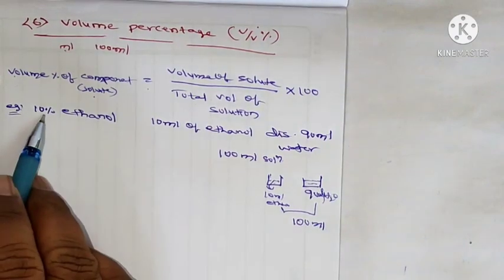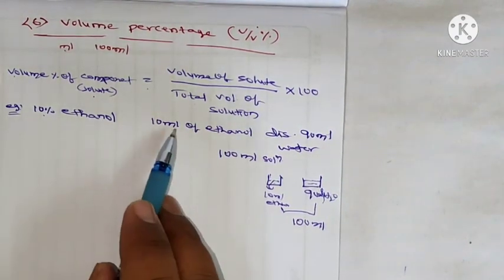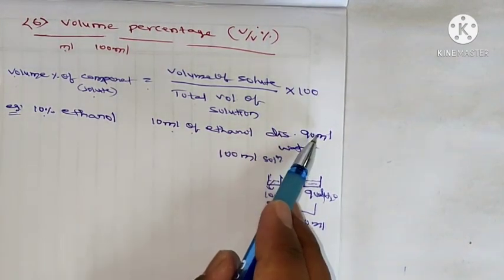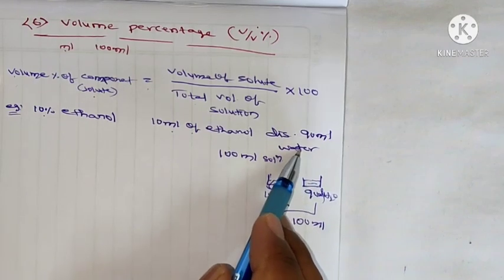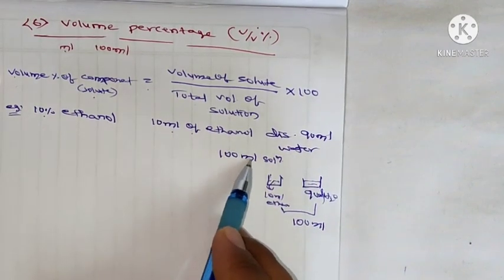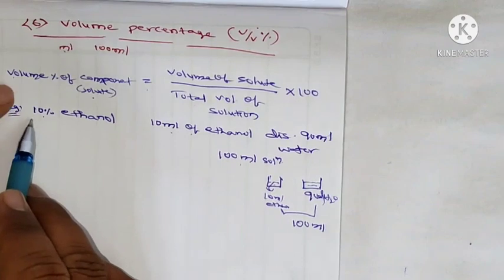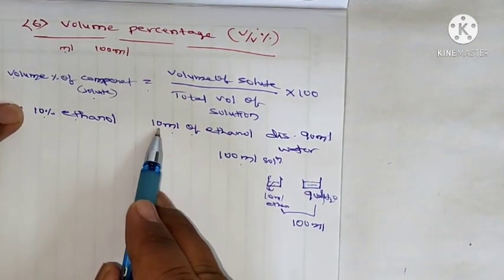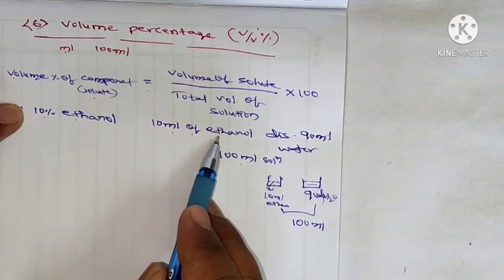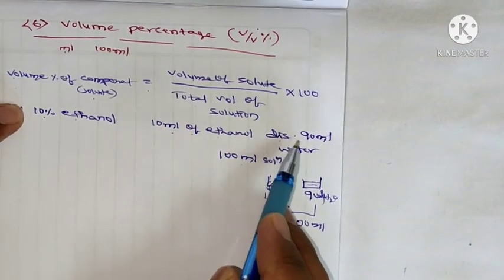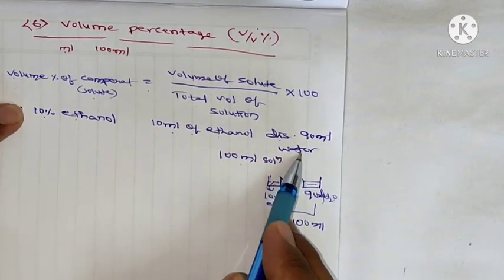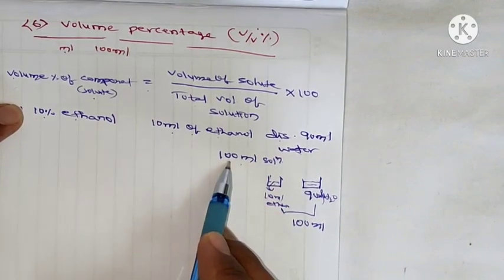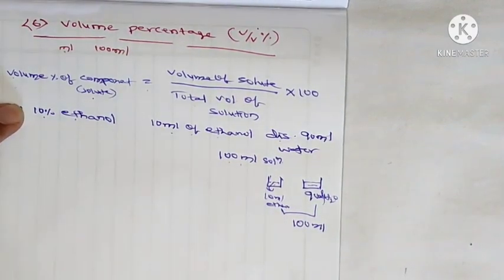So 10% ethanol means 10 ml of ethanol dissolved in 90 ml of water. The total solution volume is 100 ml. For example, if I take 20 ml of ethanol, it means 20 ml of ethanol dissolved in 80 ml of water. Finally, I get 100 ml of solution.